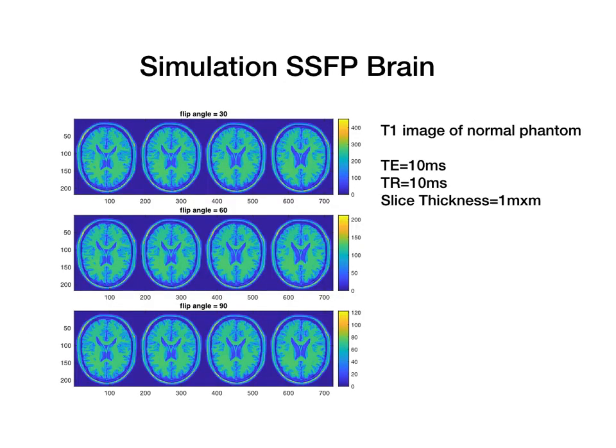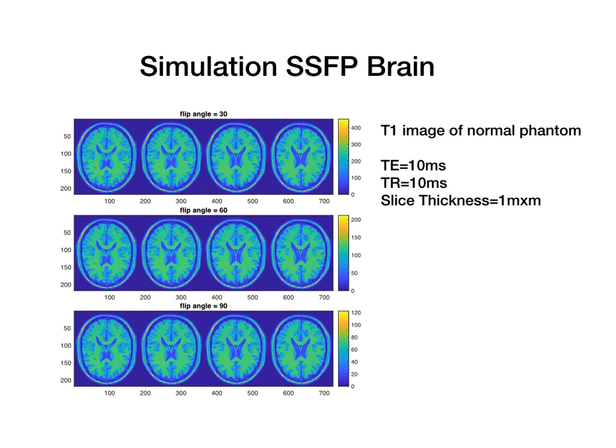When I do the simulation of SSFP brain, I choose the T1 image of the normal phantom from MNI BrainWeb. The parameters are TE equal to 10 milliseconds, TR equal to 10 milliseconds, and the slice thickness is 1 millimeter.